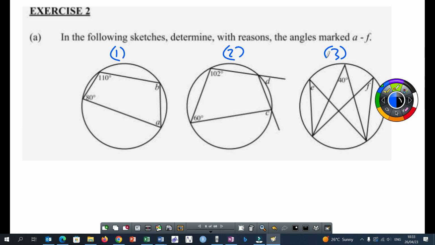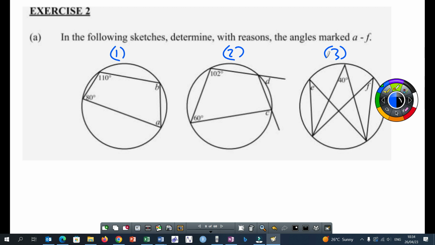Now here we have a quadrilateral with vertices at the circumference, which means we have to use theorem 5. We have a quadrilateral with 4 vertices on the circle.